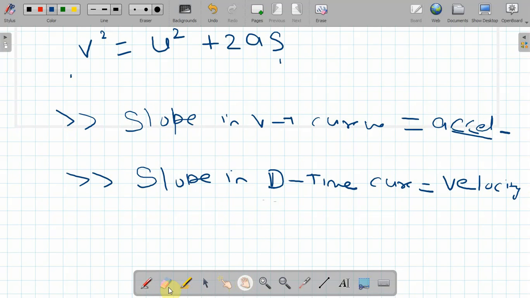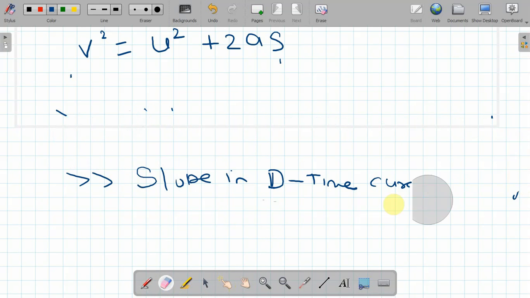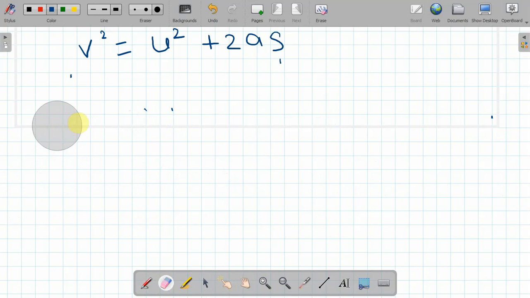So let us understand how we can project the same through a graph.